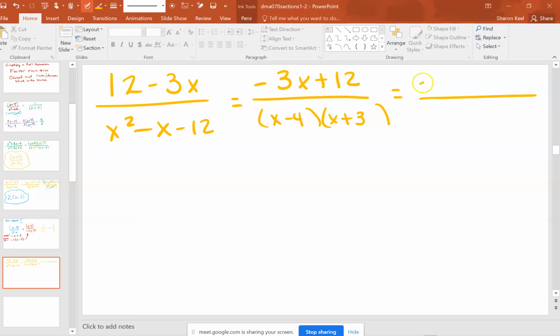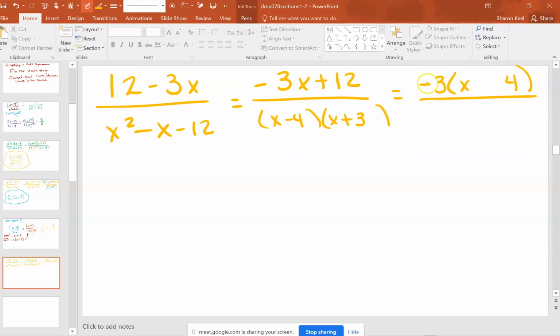Here, I've got to factor out a negative 3. I'm going to have an x and a 4. Negative and positive is negative. Negative times negative gives me a positive. And then I'm going to write down what I factored the denominator to be.